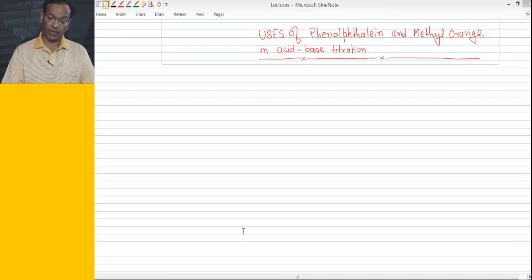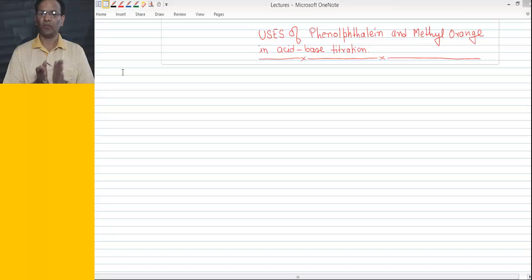As we all know, most of the indicators used in acid-base titrations are themselves either weak organic acids or weak organic bases, and indicators have a characteristic color at a specific pH.